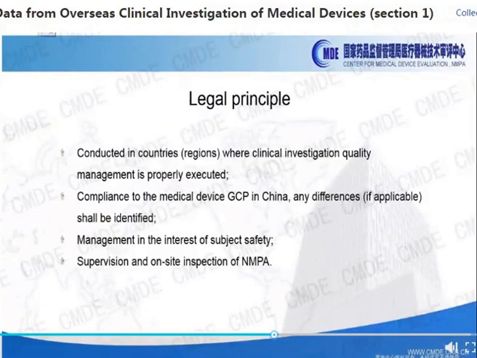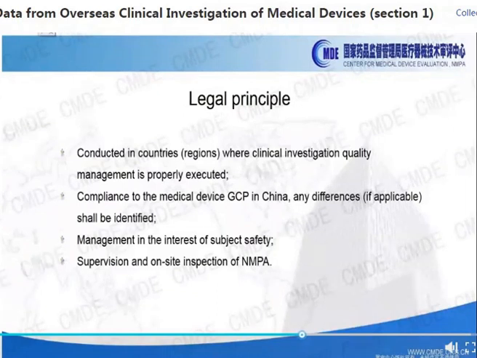If there are differences in the GCP of medical device between China and countries or regions where clinical investigation is undertaken, the applicant shall describe the differences in detail and fully demonstrate that such differences will not affect the authenticity, scientificity, reliability, and traceability of the investigation results, and are managed in the interest of subject safety.